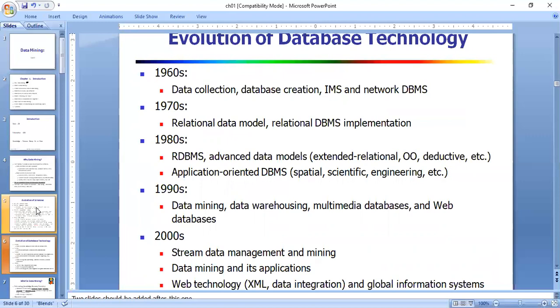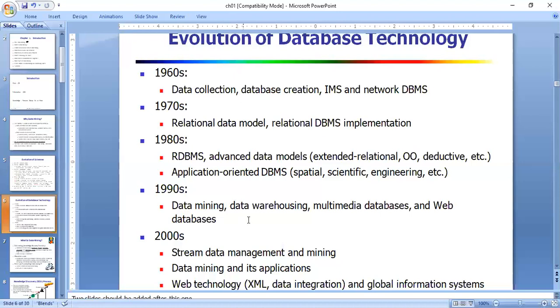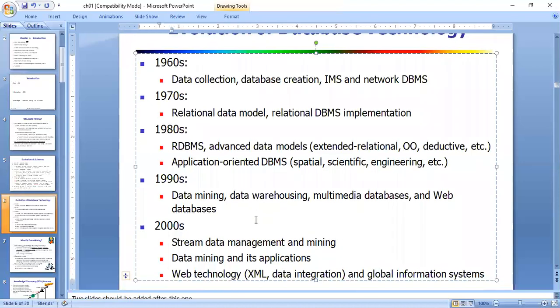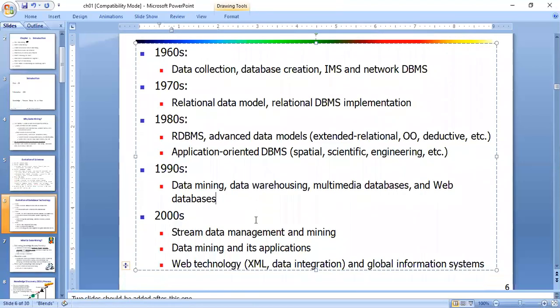In the 1990s, data mining, data warehousing, multimedia databases, and web databases came into the picture. In 2000 and above, we have come to stream data management and mining, data mining and its applications, and web technologies where XML and global information systems have been taken into account.